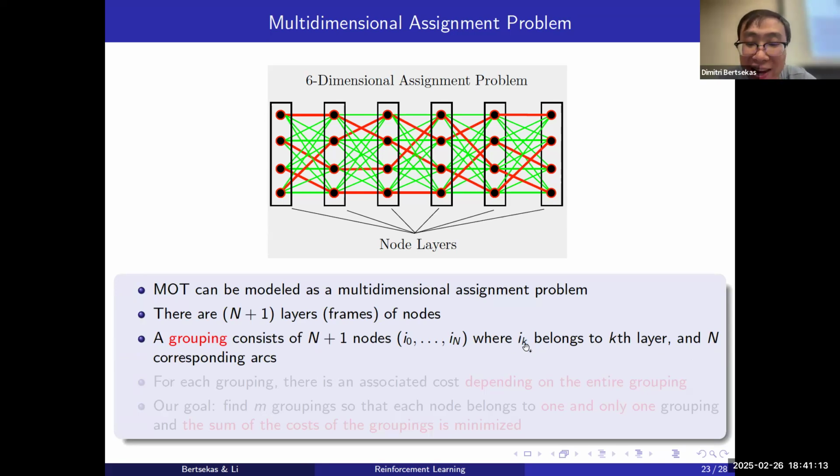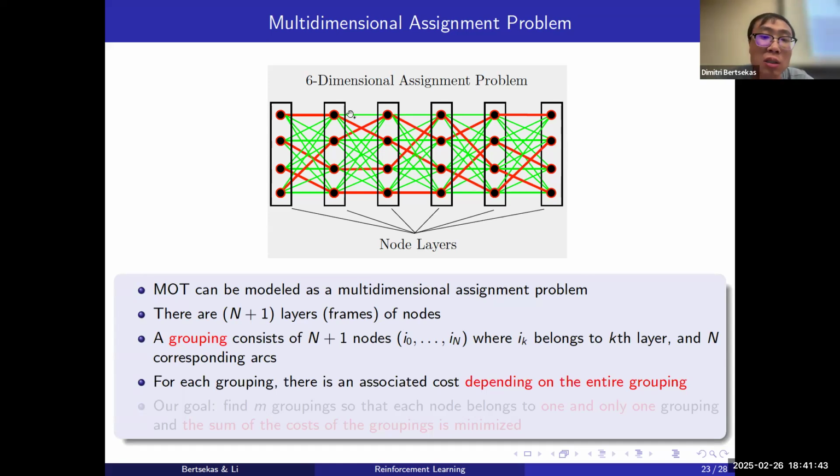We denote ik as the node that belongs to the k-th layer. So in this case, this is a grouping. In the multi-object tracking problem, this will be the person that moves across the space in the different frames. For each grouping, there is an associated cost depending on the entire grouping.